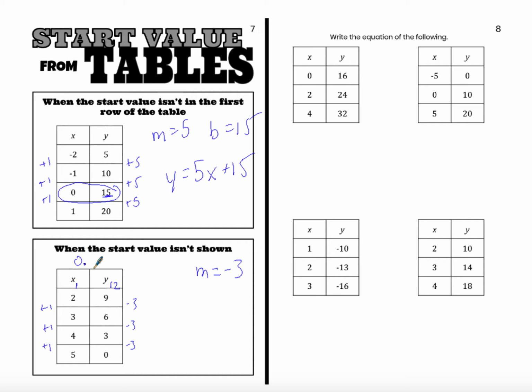So I need to go back again. From 12, I'm going to add 3, and then there is my start value. This is a good strategy when the table gives x equal to 1 or 2 or 3, and you don't have to go back very far. So y equals -3x plus 15, meaning we start at 15 and then we repeatedly subtract 3.